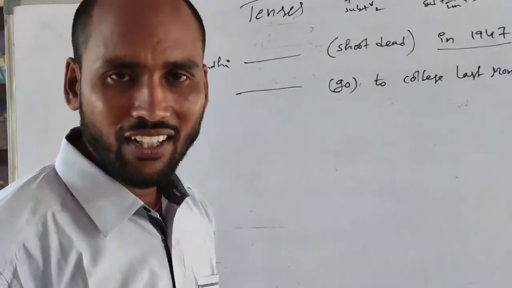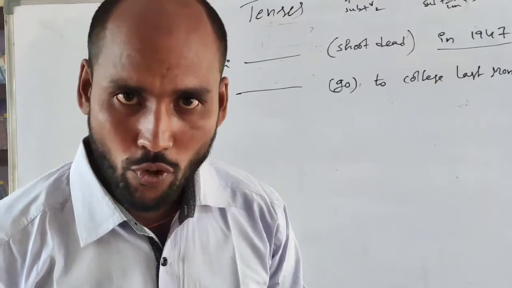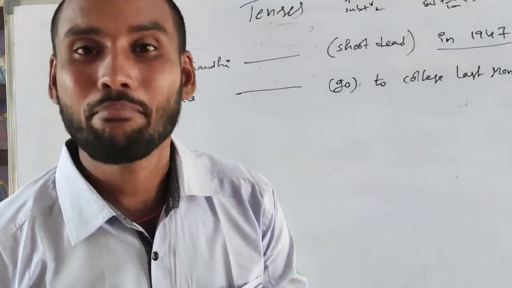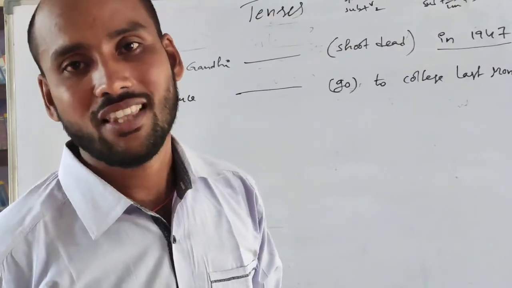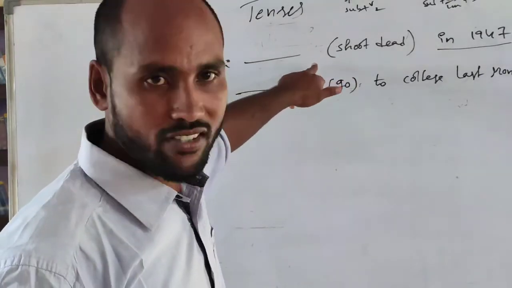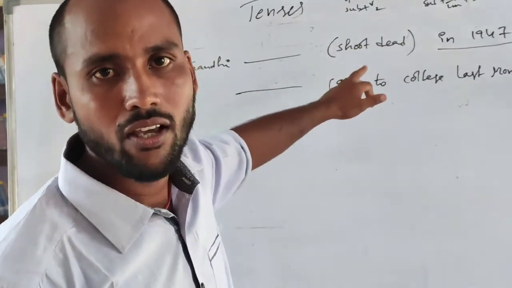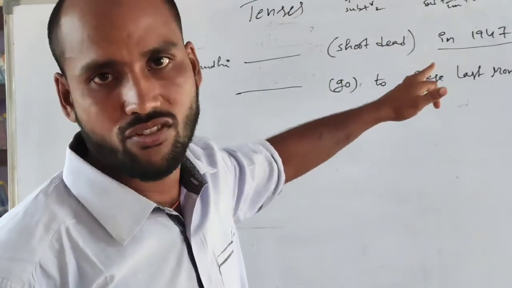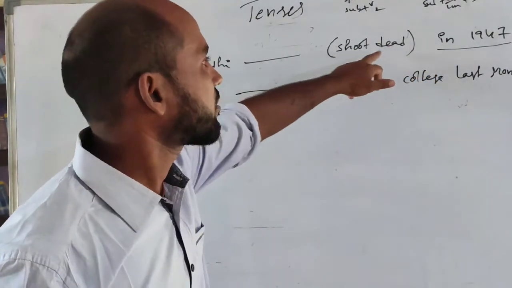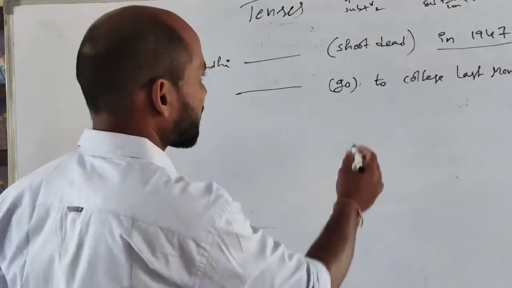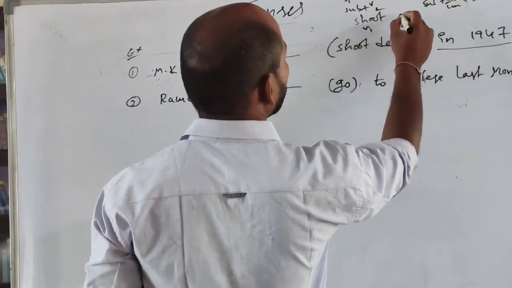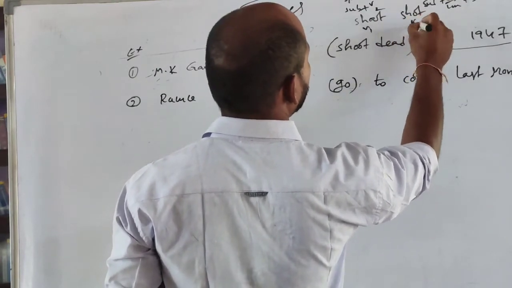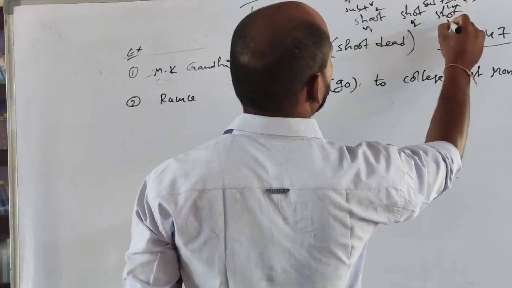Here Gandhi, did he die or was he killed? He was killed. Someone shot him. That's because this sentence is written in passive voice structure. So shot, dead. Shot is V1, V2, V3.